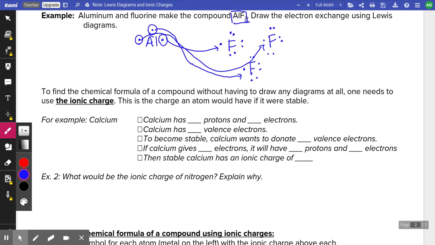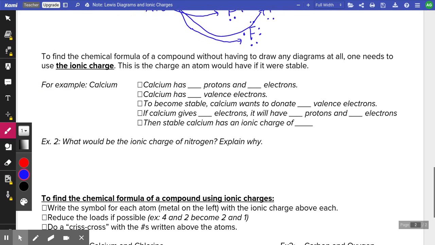So if we were to draw just one fluorine, that would only take 1 electron away. So that fluorine that we would have drawn is happy, but the aluminum is still not happy, right? So you have to keep drawing fluorines until all 3 of those valence electrons are gone. So that's one way that we can figure out what quantities these things appear in the compound. How do I write this chemical formula?